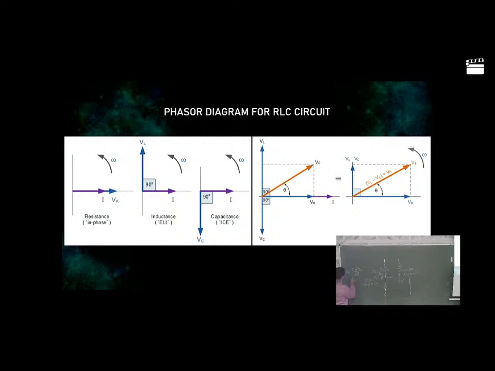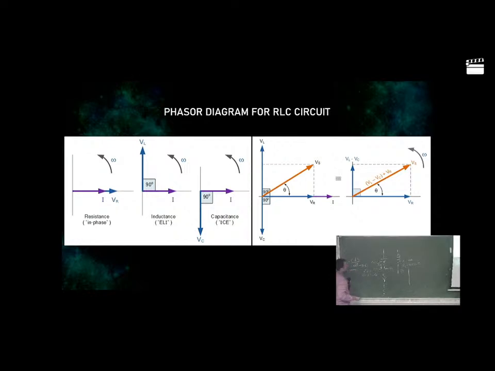For sudden change, time tends to 0. Sudden means considering a 0 time interval, right? For a 0 time interval, if 0 is in the denominator, we will consider IC as infinite.